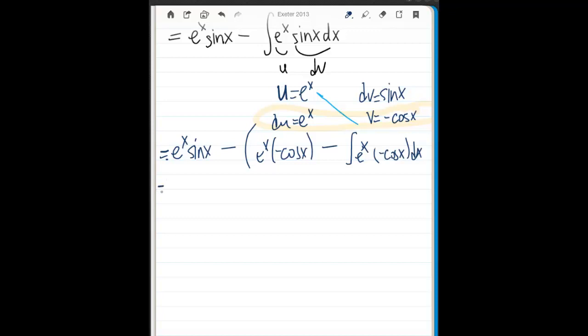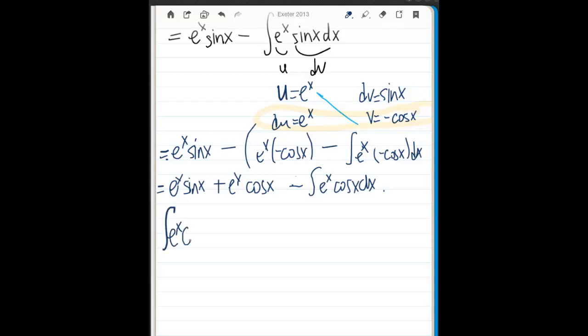And this simplifies to e to the x sine x plus e to the x cosine x minus the integral e to the x cosine x dx. Okay, so let's maybe zoom out to see where we are with this question.